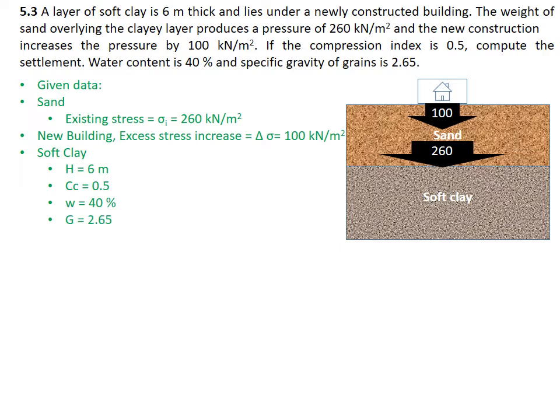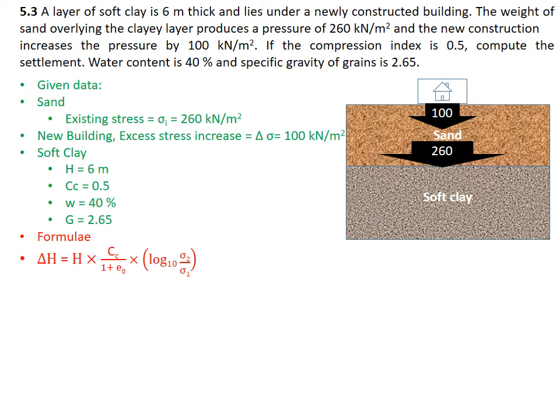specific gravity is 2.65. Now the formula which is related to the settlement and which involves Cc is given by delta H equals to H Cc by 1 plus E naught log 10 sigma 2 by sigma 1.